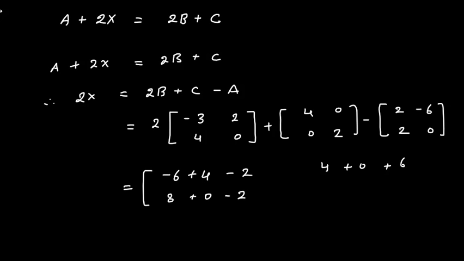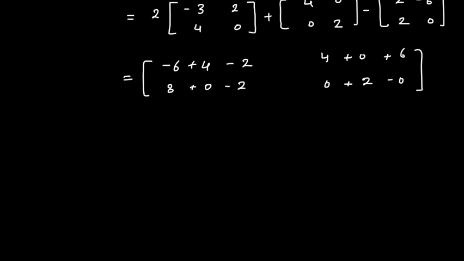Then on this side we have 2 into 0, 2 into 0 is 0, plus here we have 2, and then here we have minus 0. So this is equal to 2x. So therefore 2x is equal to minus 6 plus 4, it is minus 2.